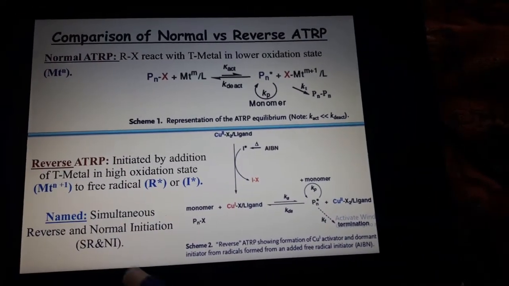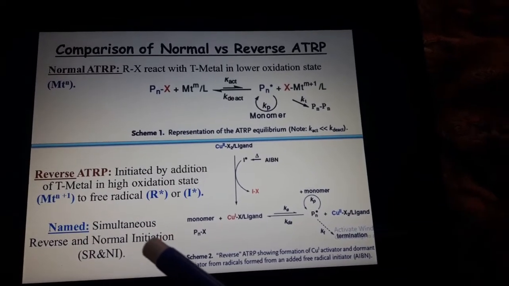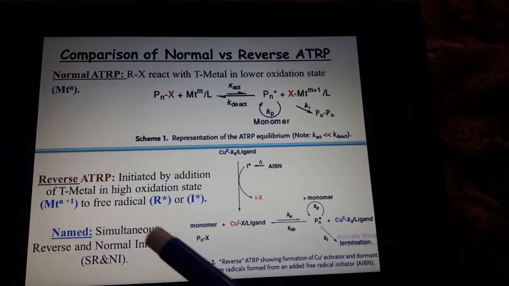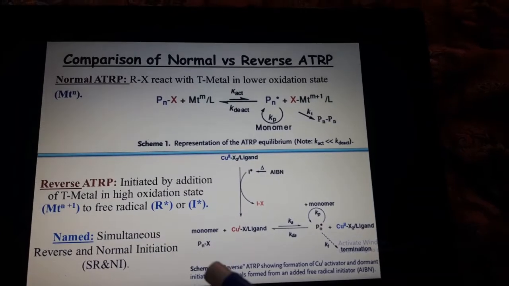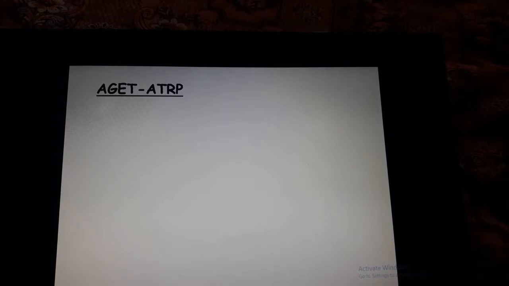This is also named as simultaneous reverse and normal initiation. So initiation is normal, but we have a reverse also to produce the activator. Another one we already talked about briefly is AGET ATRP, that is activator generated by electron transfer ATRP.